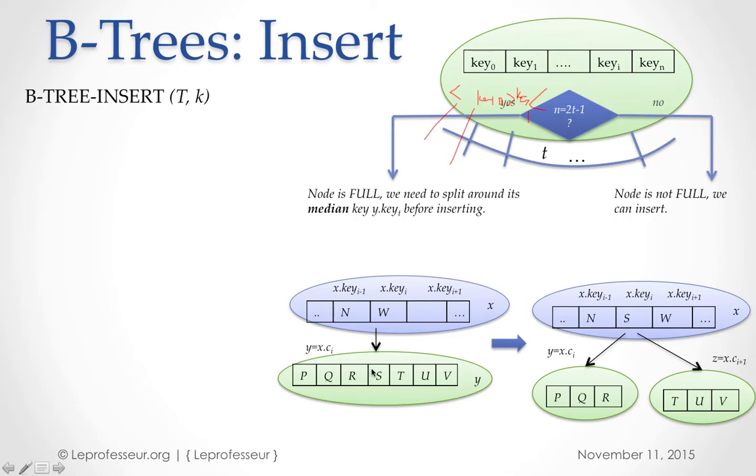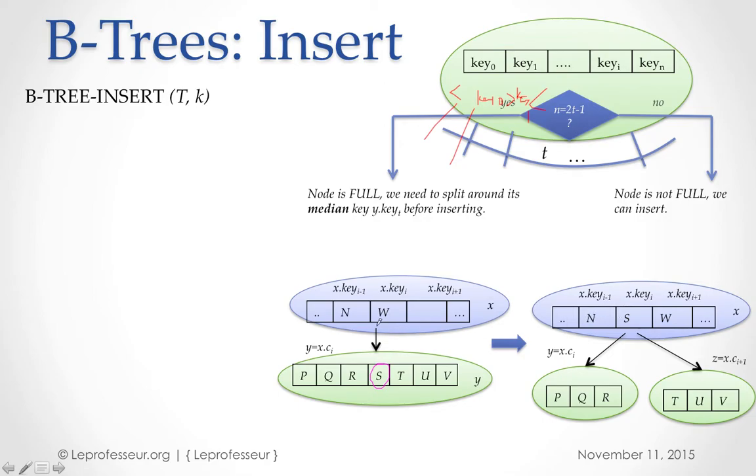What we're going to do is get its parent node. So how are we going to split it? We find the median key, which is S here, the middle key, and move this middle key onto the parent, at the appropriate location.